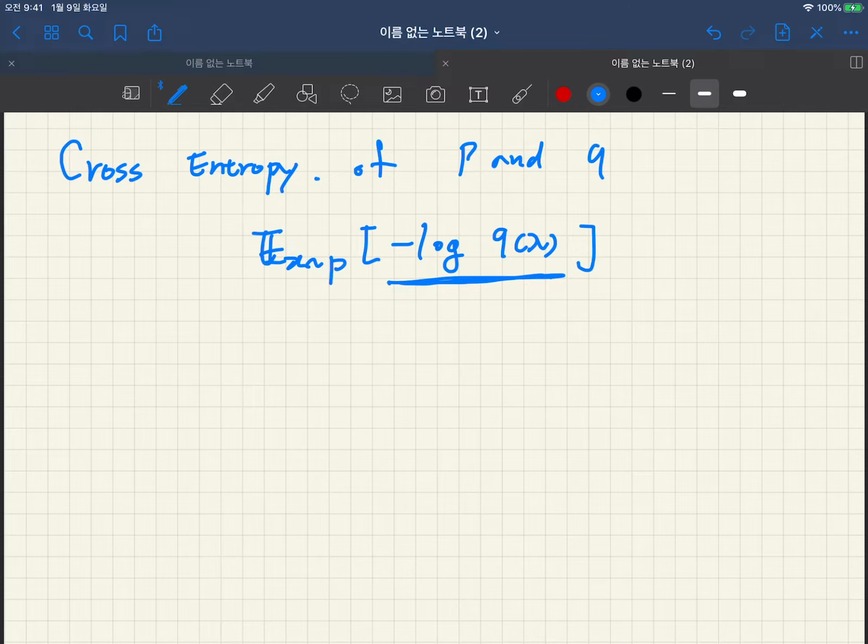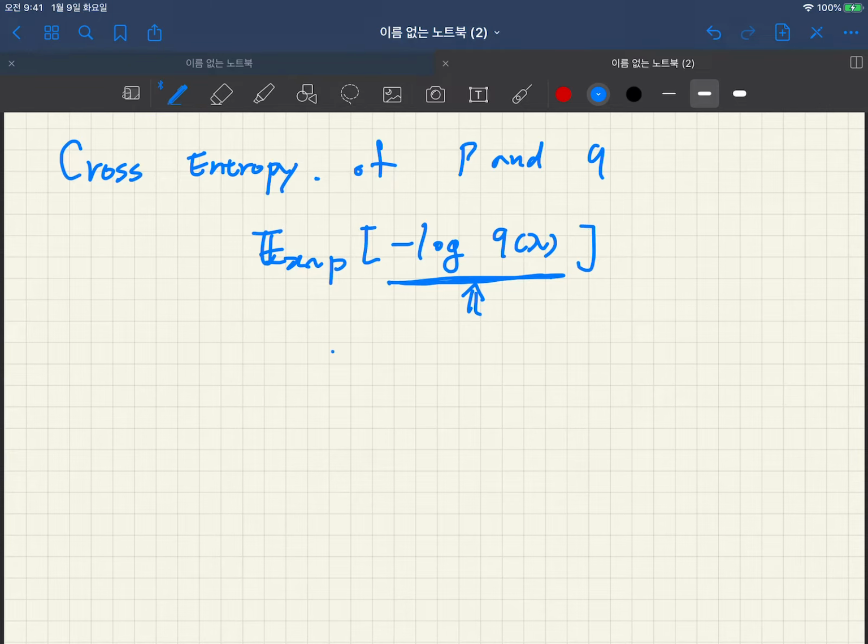Essentially, in the entropy definition, the minus log p(x) indicates the length of the code word you have to use when the ground truth distribution is p. So this minus log q(x) is the length of your code word when the distribution is q, not p.